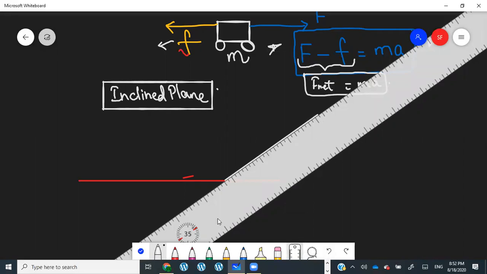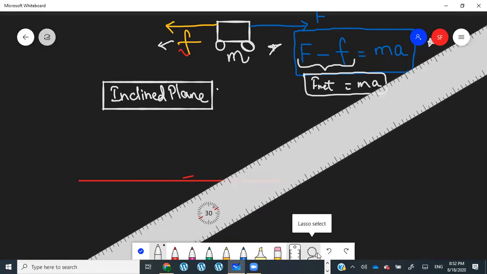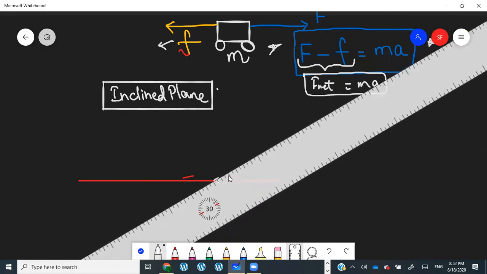This angle is 35 degrees, but let me decrease the angle a bit, make it 30. This angle is 30 degrees.